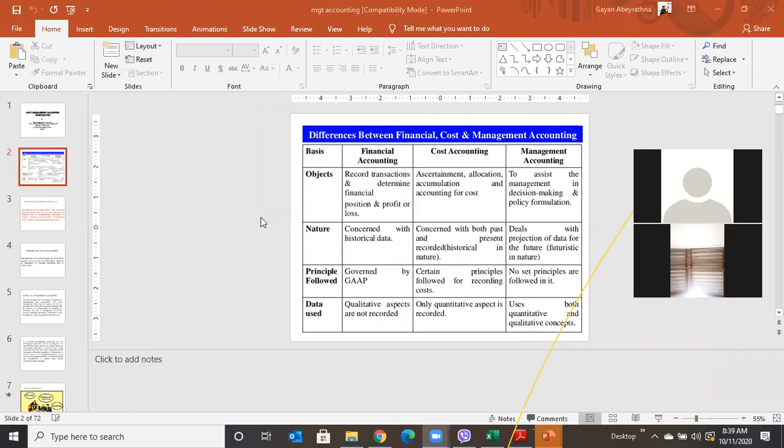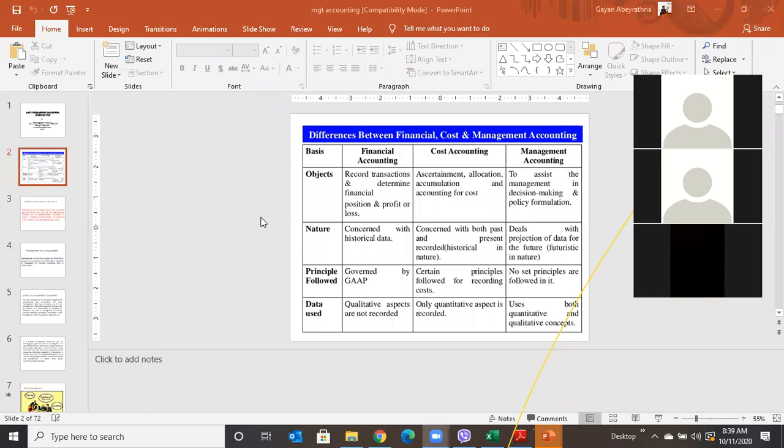In the case of this year's paper, having an idea about cost accounting, management accounting, financial accounting, and the differences between these three types is vital.